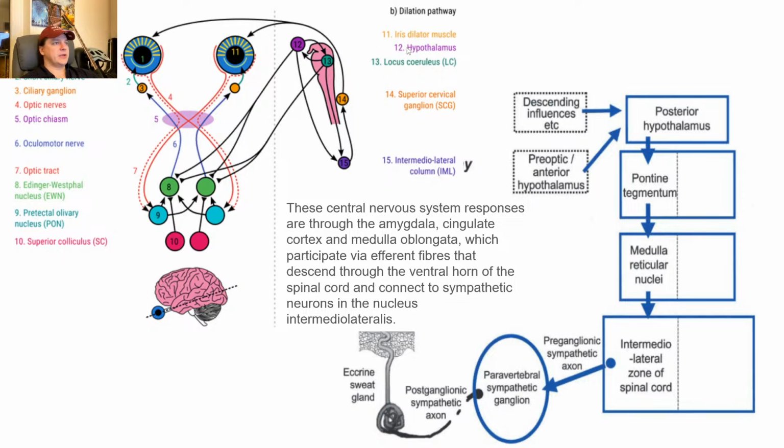So it's the hypothalamus, the locus coeruleus as well. It's not mentioned here, but it is. And then it goes to the superior cervical ganglion, and through the ciliary nerves, it goes to the pupil.